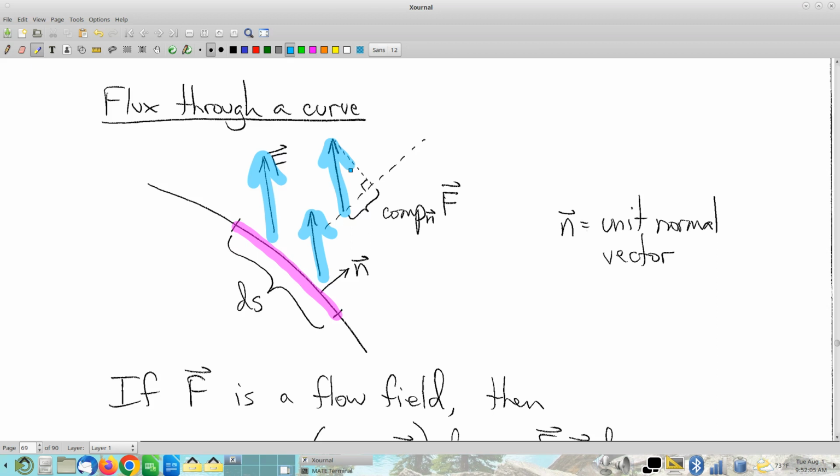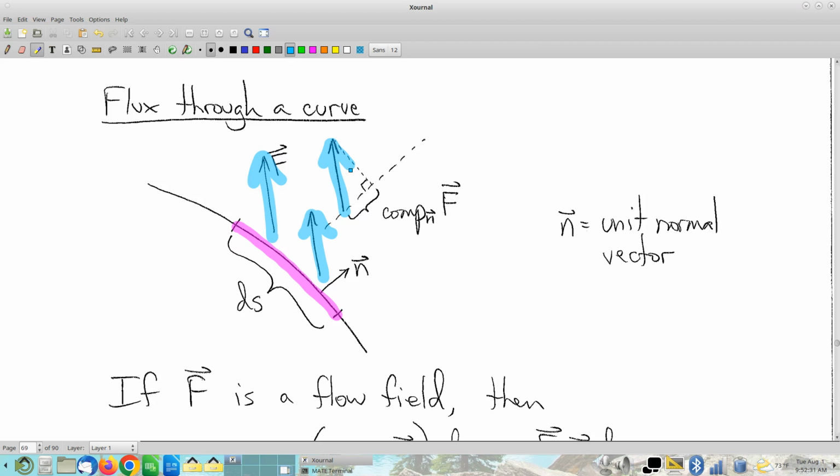Maybe this is a part of a border, I don't know, of a national border, or a border of some sort of a park, wildlife preserve, whatever. So it's a pretty reasonable question. You want to know how many wildebeest per unit time are walking into or out of your national park.